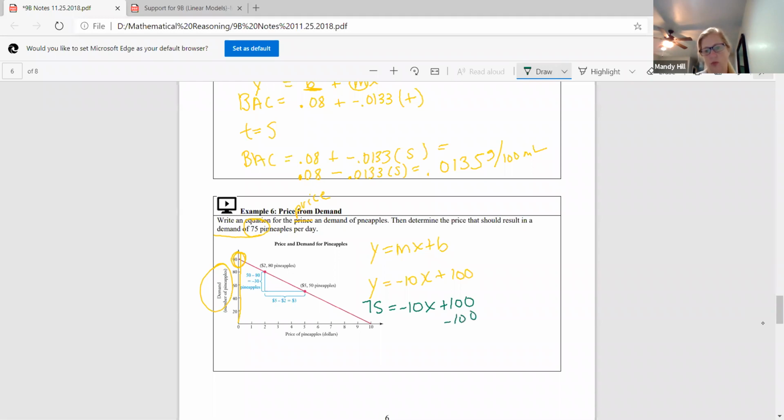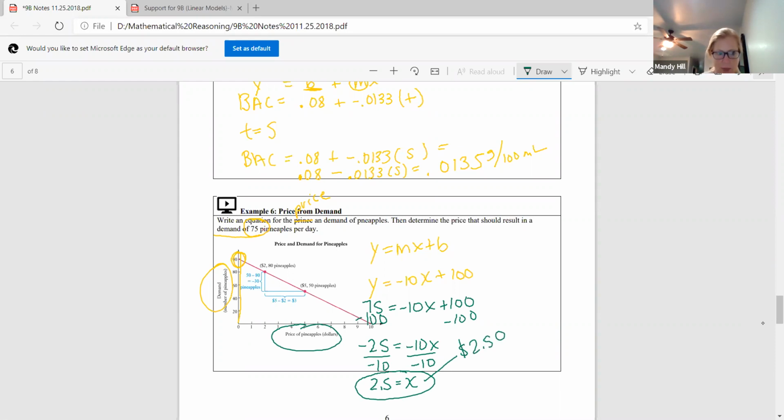We would need to subtract 100. 75 take away 100 would be -25, and that equals -10x. Then we would divide by -10. And so x is equal to -25 divided by -10, which is 2.5. And what does x represent here? X is the price of pineapples in dollars. So at $2.50, we would expect to sell 75 pineapples per day.